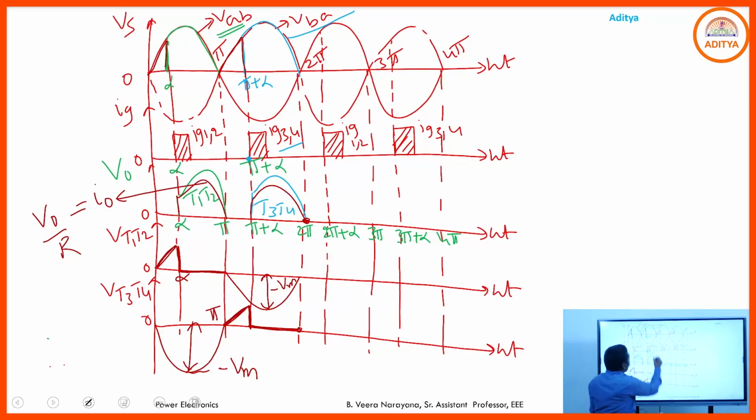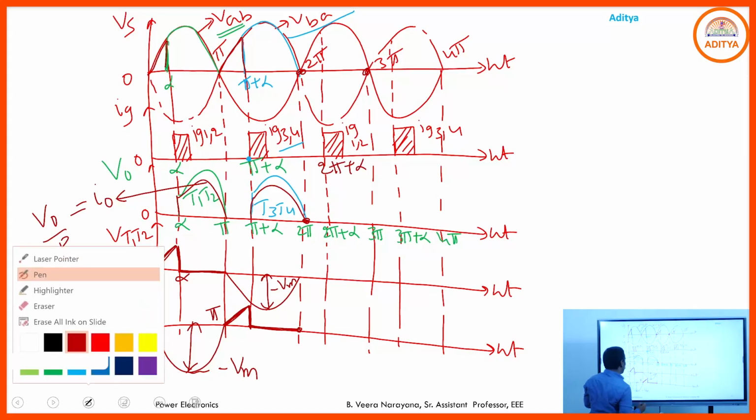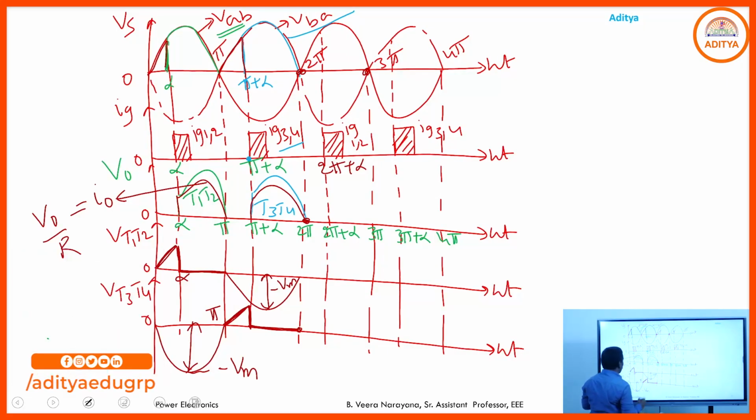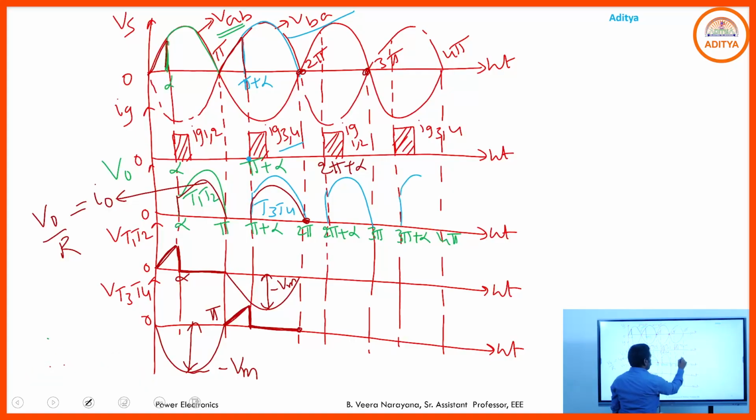Again from 2 pi to 3 pi, we have the positive half cycle, where terminal A is positive, B is negative, and T1, T2 are in forward bias, T3, T4 are in reverse bias. At 2 pi plus alpha, we provide the gate pulse to T1, T2, and again the output voltage simply follows VA0, and here it follows VB0.